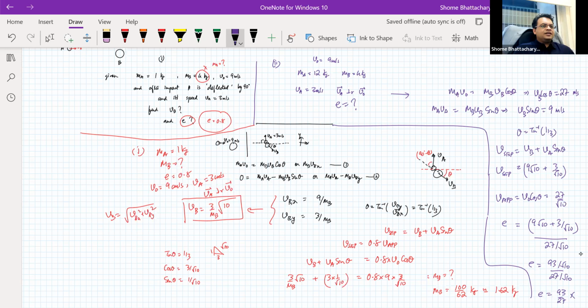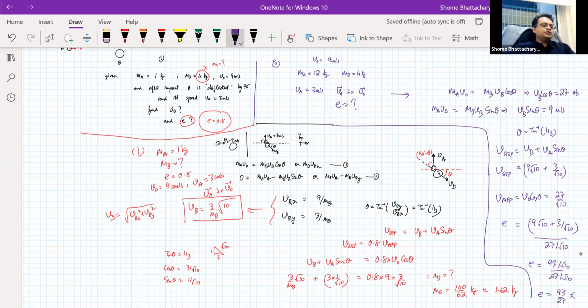So maybe if we had taken MA as 5 kg or 3.5 kg or something like that, we would have got some acceptable value of E. So again, this is not logically possible. Okay, two bodies of this kind of mass ratio 3:1, this collision cannot result in A getting deflected by 90 degrees.